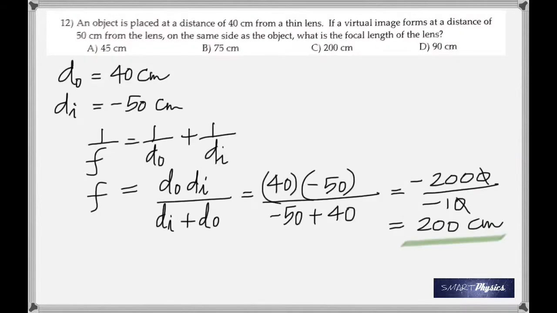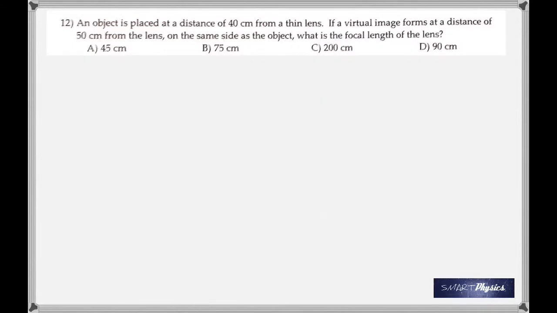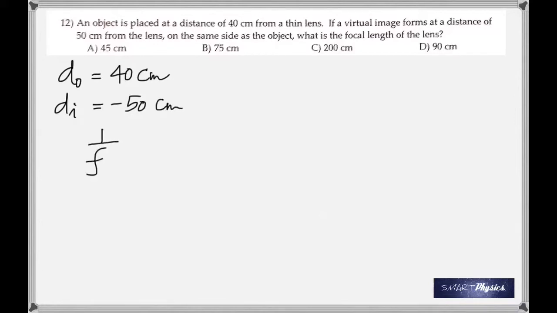12. In the 12th question, the object is placed at a distance of 40 centimeter from a thin lens. If a virtual image forms at a distance of 50, what is the focal length? Again, DO is given. It's a virtual image, so it's negative 50.